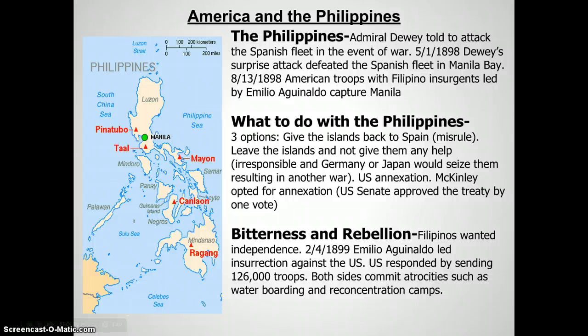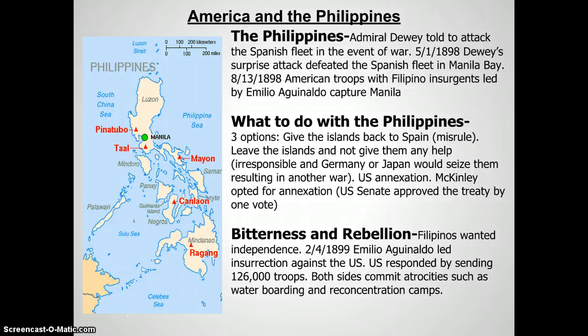There are three options in front of the president. One, that the islands could go back to Spain, that we could say, well, we beat you, but if you promise to let these people get what they want, we'll stay out of your business. Well, we don't like that, and McKinley doesn't trust Spain to do what the Filipinos want.